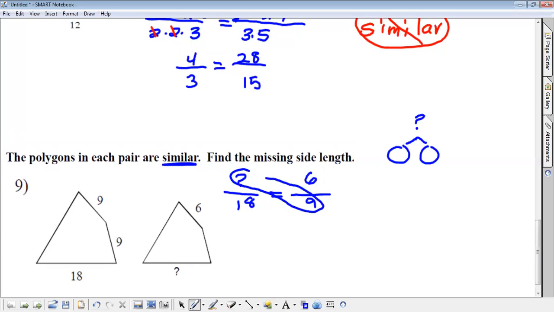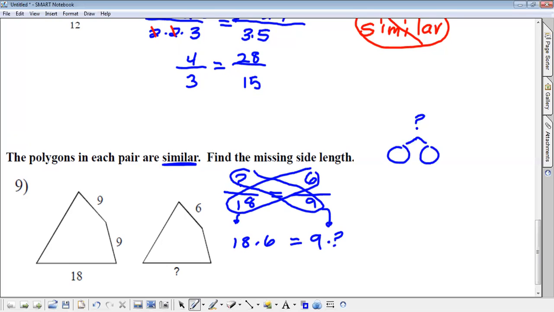Multiply this and put the answer right here. That'll give you 9 times question mark. Cross multiply these numbers and put the answer right here. That'll be 18 multiplied by 6, and they're equal.